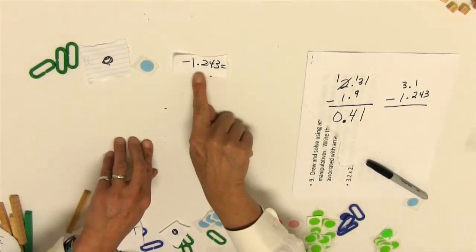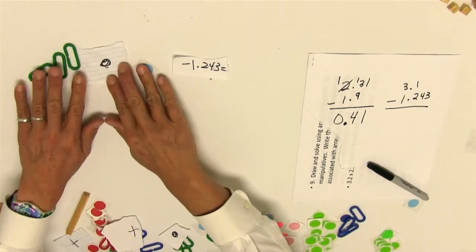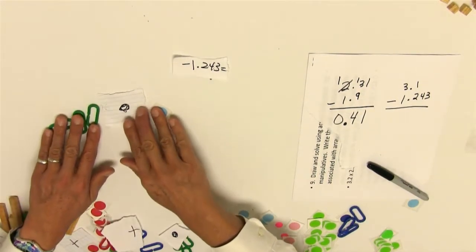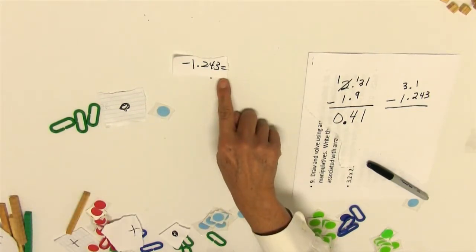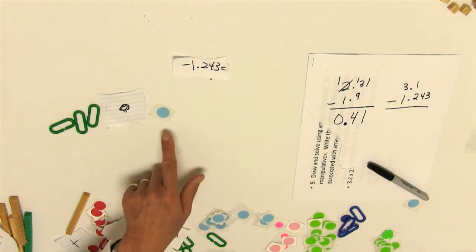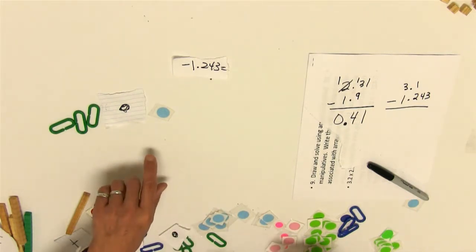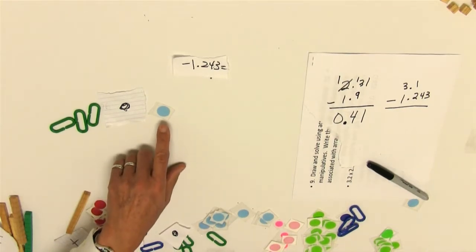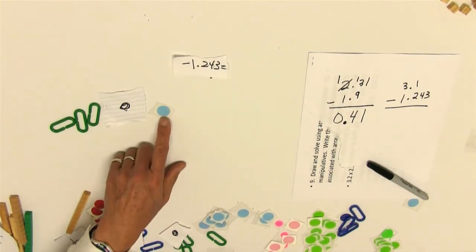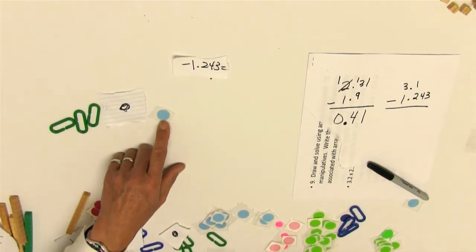Okay, so it's telling me to take away 1 and 243 thousandths. So here's my 3 and 1 tenths. I've got to take away 3 thousandths. I don't have any thousandths, so I better start making a trade here. Let's see. I've got to make a trade of my tenths for hundredths, because I need hundredths.